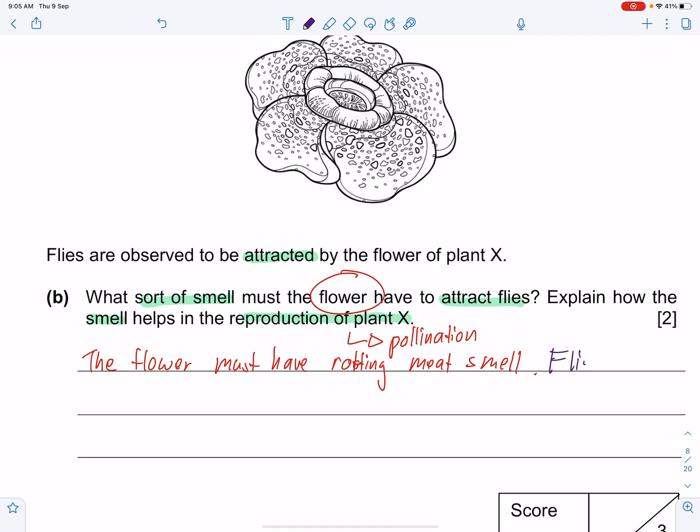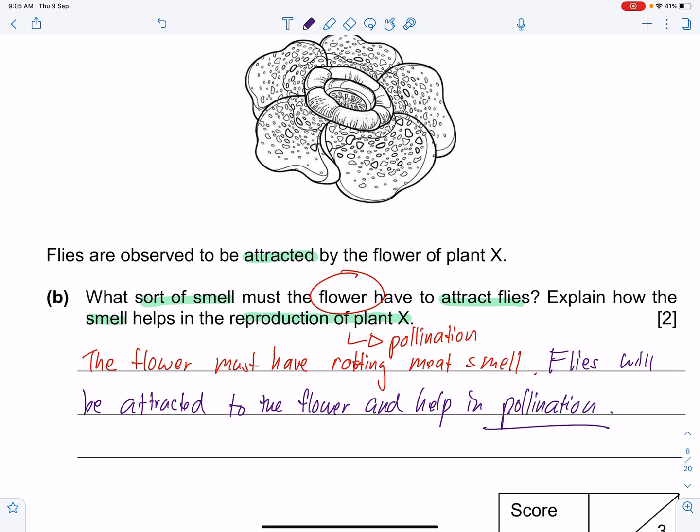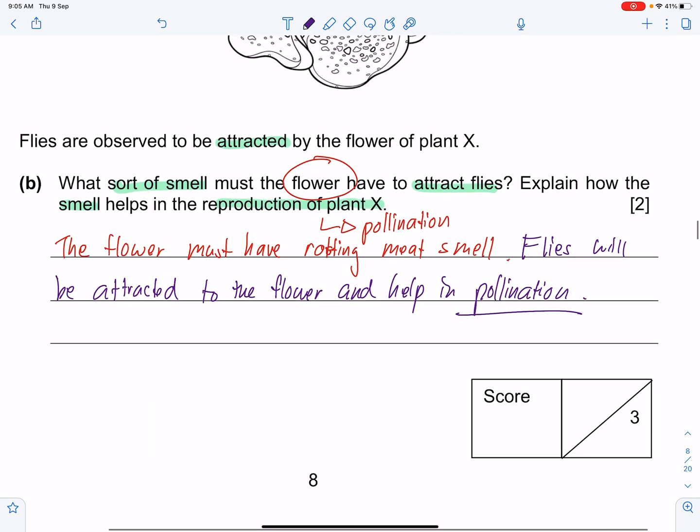So flies will be attracted to the flower and help in pollination. So you see the process was at least stated here, which is the fallacy of most of you. You just tell me, oh, stick onto the body but then fly to another plant. Okay, moving on.